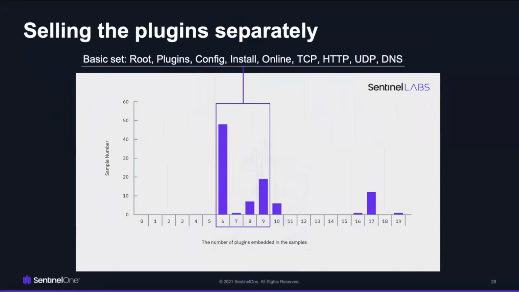And the plugins are the basic sets, including root, plugins, config, install, online, and the plugins for CNC communication. These plugins can only finish the installation and send the beacon to the CNC server. No other functionalities could be presented. If the attackers want to use other functions, they need to upload those plugins from the CNC servers.